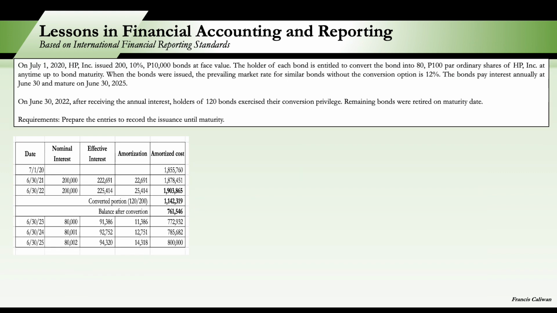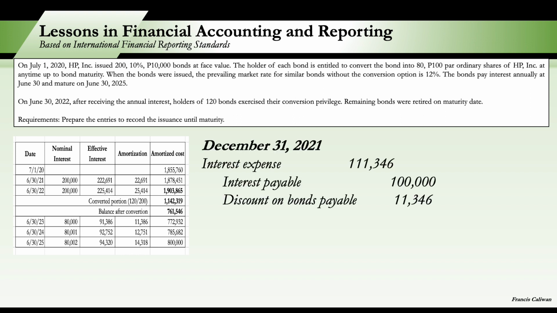On December 31, 2020, our first six months, our entry will be a debit to interest expense for 111,346. That is half of 222,691 on June 30, 2021, since it is only six months. Interest payable is one-half of 200,000, and then discount on bonds payable, the difference.